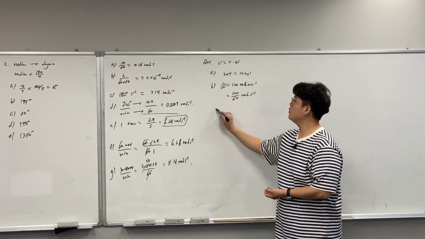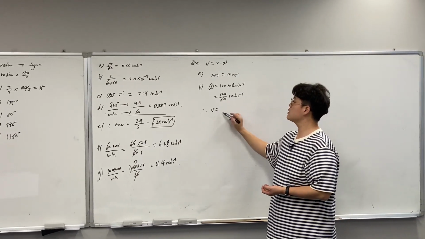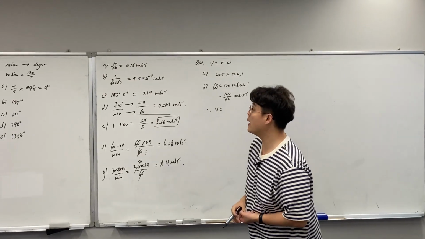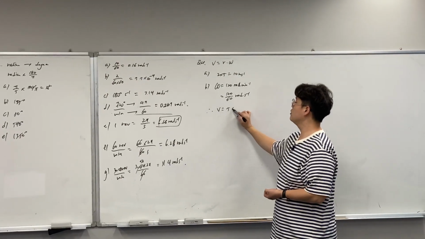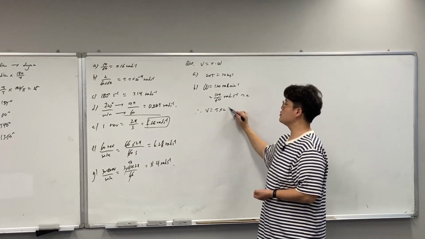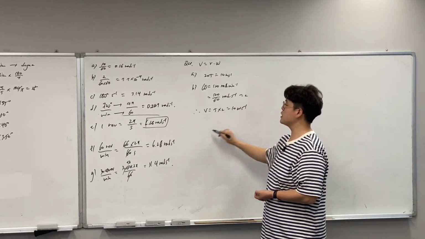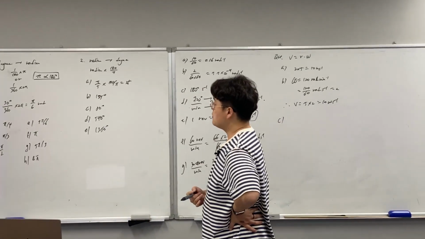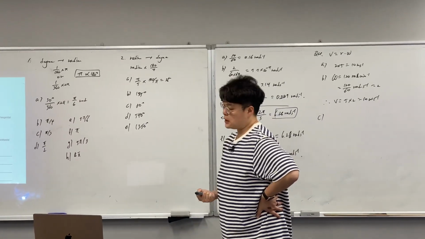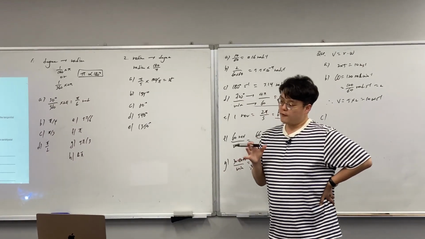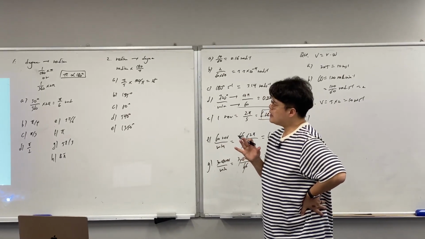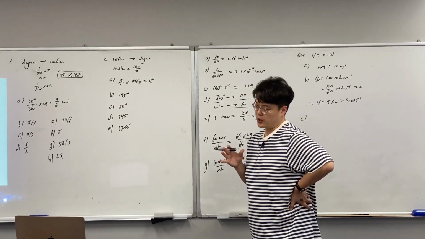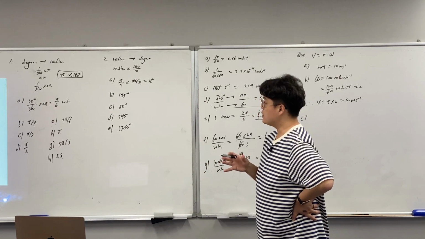So therefore the velocity is r, the radius of 5 meters, times 2, which gives you 10 meters per second straight away. C, we have r equals 50 centimeters and the angle is 360 degrees. So make sure you convert the units from centimeters to meters, because we are taking that into the standard units.